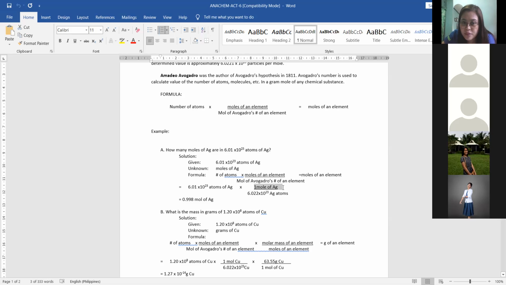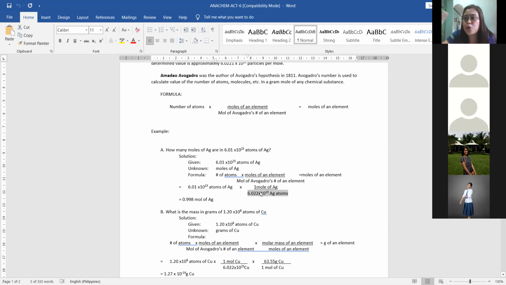In one mole of silver there is this constant, the Avogadro's number. So 6.01 times 10 raised to the power of 23 times 1 mole divided by 6.022 times 10 raised to the power of 23. Cancel the atoms, you will be left with moles. So the answer here is 0.998 moles of silver.